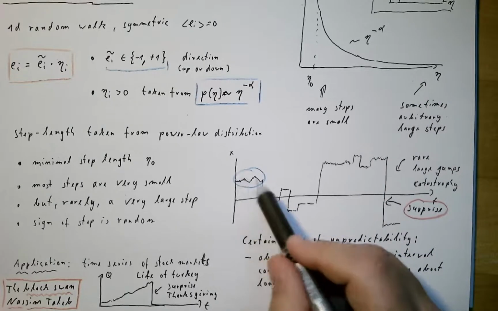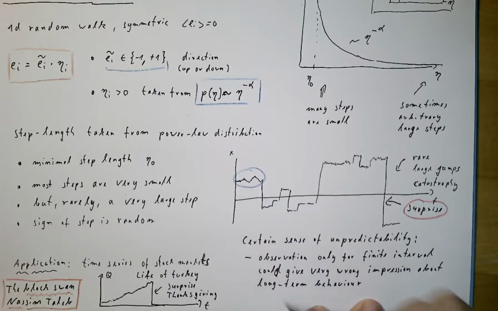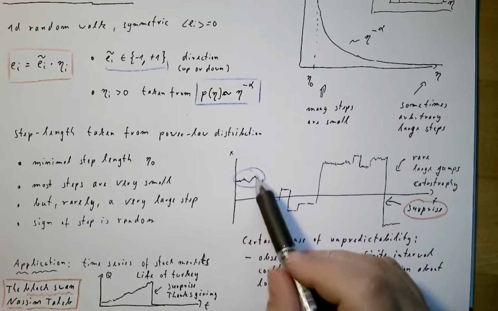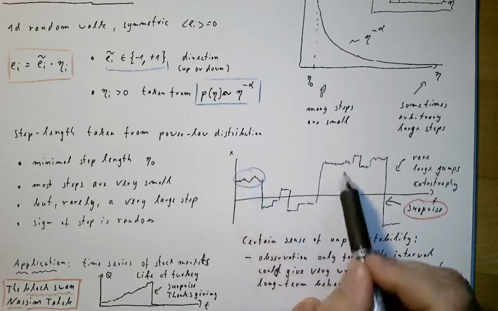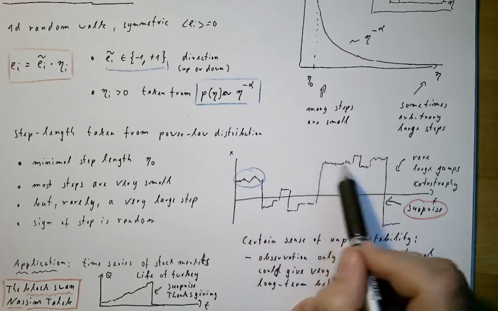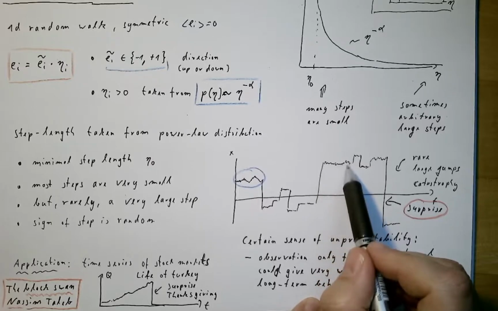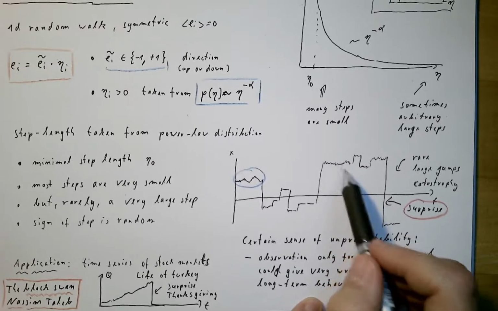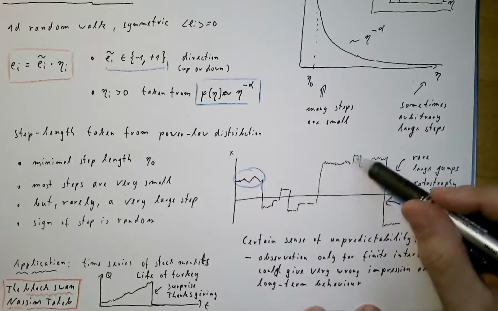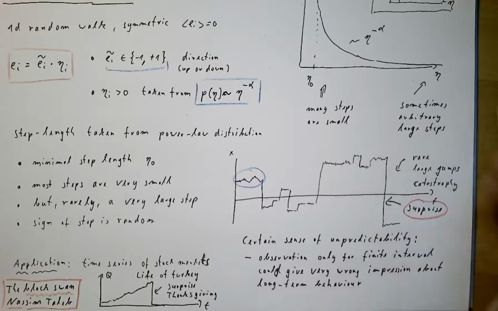So a careful analysis with the methods that we're doing in this lecture would help you, maybe even in such short periods which are rather quiet, to already detect the presence or the likelihood of large jumps. Yeah?